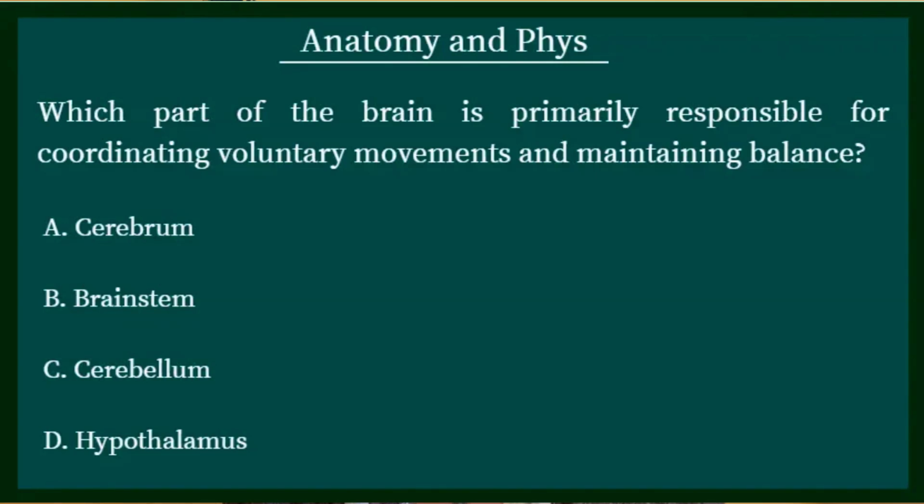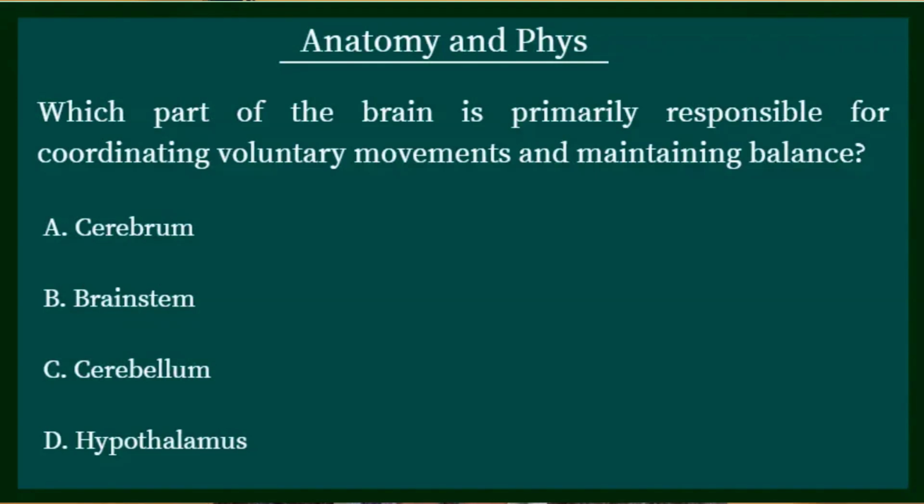So we know that the cerebrum is going to be handling those higher cognitive functions. So its primary responsibility is not coordinating voluntary movement and maintaining balance. We know the brainstem is the involuntary vital life functions. And the hypothalamus is all about endocrine regulation.